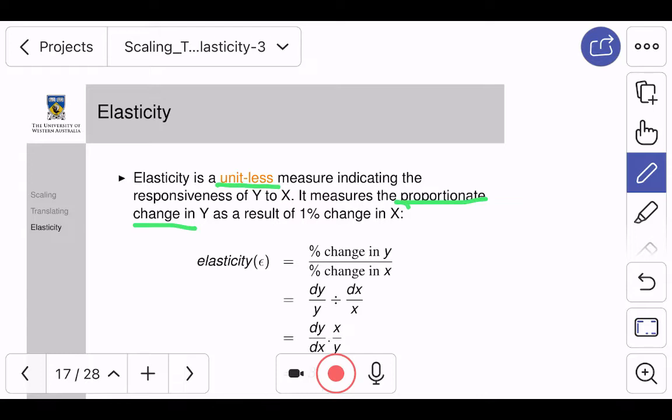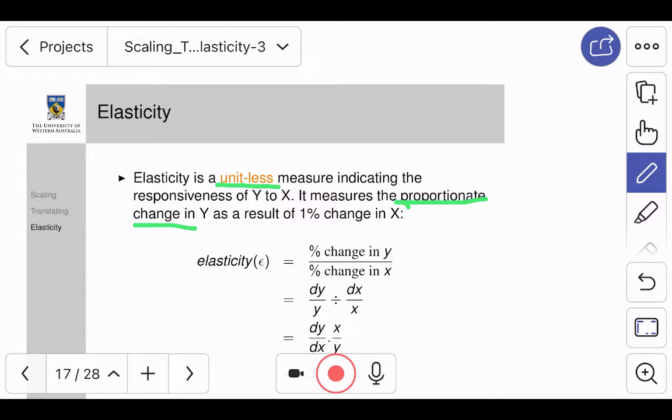So we are looking at what happens if the x variable increases by 1 percentage point. Does y increase by more than 1 percentage point? Does it decrease by or increase by less than 1 percentage point?